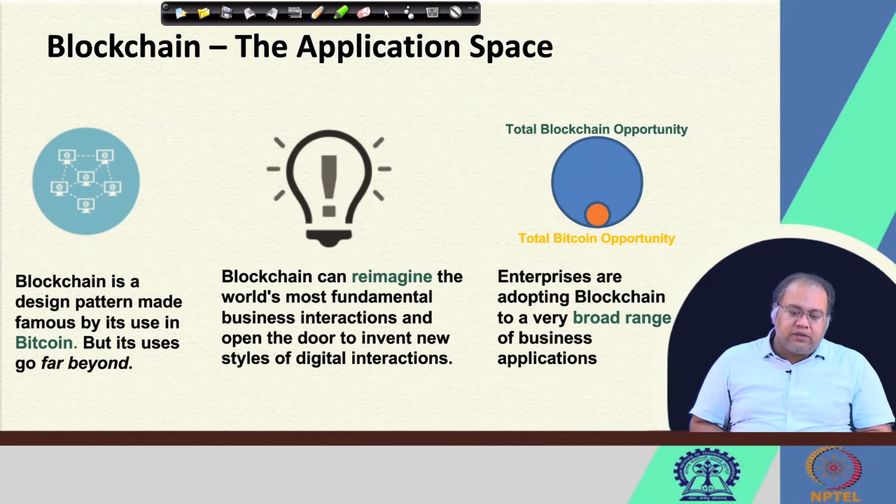So, to start with, if I revisit the application space of blockchain, this is just a recap of what we have covered till now. Blockchain is a design pattern which was initially made famous by its use in Bitcoin.